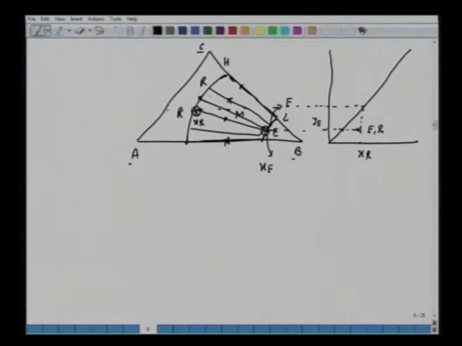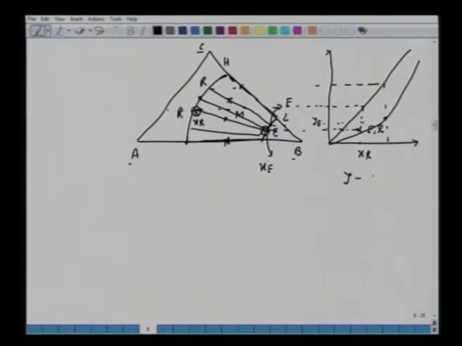Similarly, take any other tie lines, extend it here, take the projections, take its corresponding extract phase. Mark this point here, and then you draw this line. You have a solubility curve. So essentially we have plotted the same equilibrium curve.